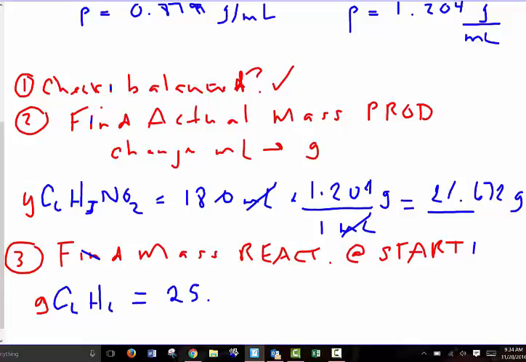This time I'm using the mass of benzene, and it's going to be 0.879 grams per mil. I put that conversion factor in that way because I want to cancel my mils and I want my answer to be in grams. So that's what leads my units there. And my answer comes out to be 21.975.